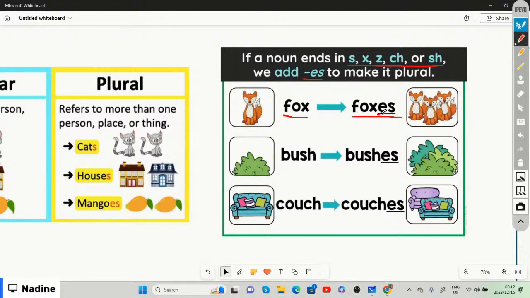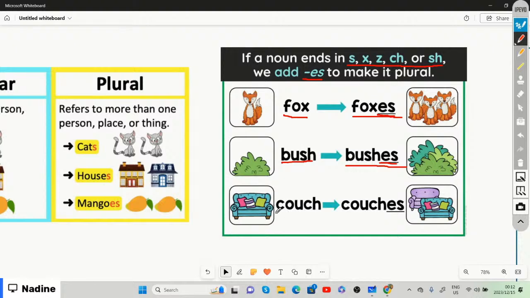And there we added the es to show the plural form. The same with bush, ending in sh. So it's one bush, many or lots of bushes. So we added the es to show it is plural.